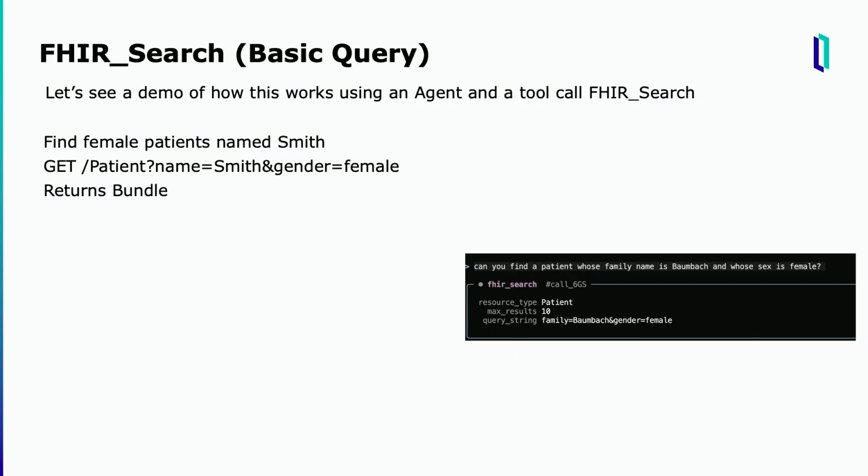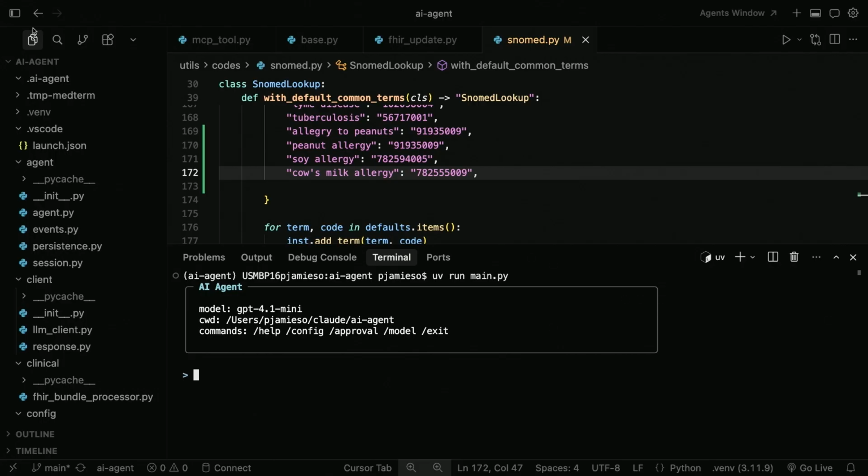You may ask for patients that meet a certain criteria, like women named Smith, and the agent needs to translate that natural language intent into formal FHIR search operations. So let's take a look at that. Move over to the demo screen here. I hope everybody can see that.